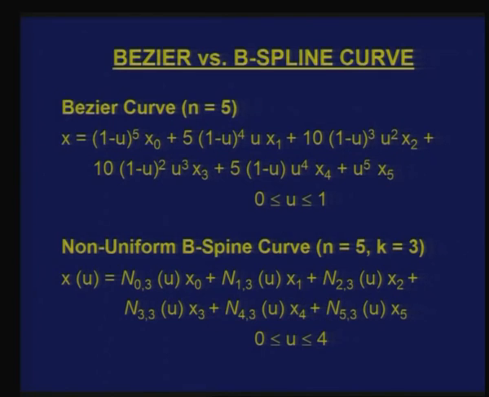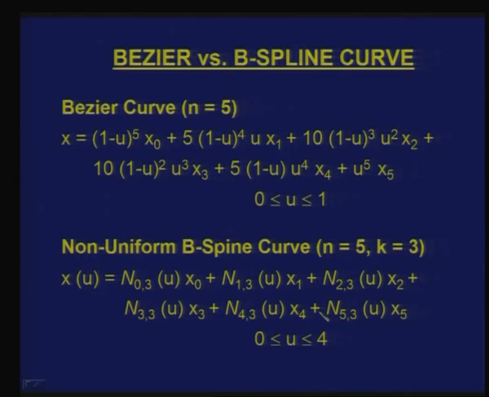How many control points will influence it? 3 control points. What are those? x0, x1 and x2. So naturally, for the range u equal to 0 to 1, the basis functions N33, N43, N53 will automatically become 0.